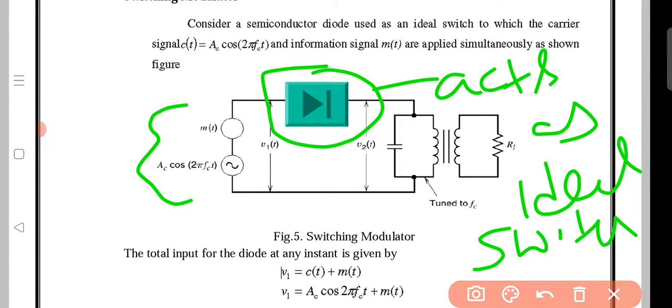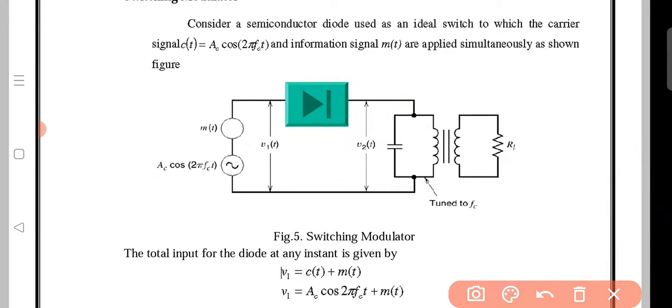At the output side, the tuned circuit acts as a filter. So let us go to what happens in the switching modulator circuit.